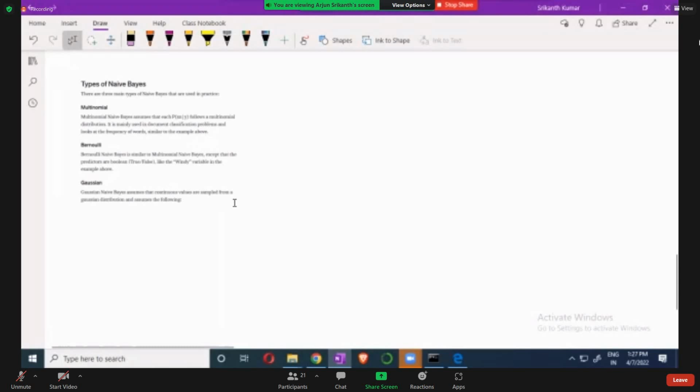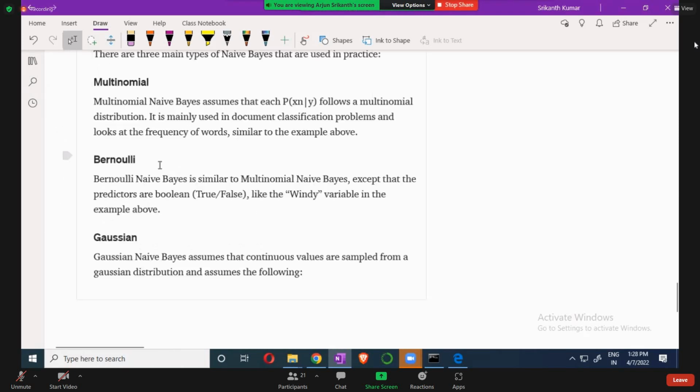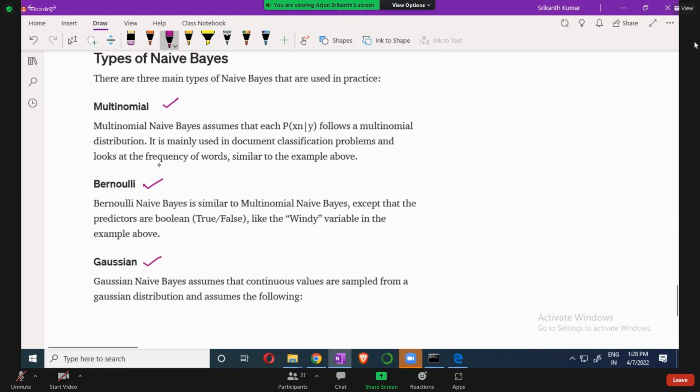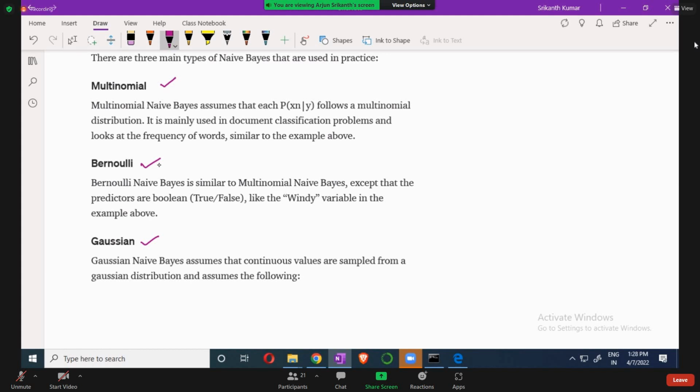See, Naive Bayes can be implemented in three different ways. The first is called Bernoulli Naive Bayes, the second is Gaussian Naive Bayes, and the third is multinomial Naive Bayes. So what is Bernoulli? Whenever we have seen Bernoulli when dealing with distributions, it means there are only two outputs.